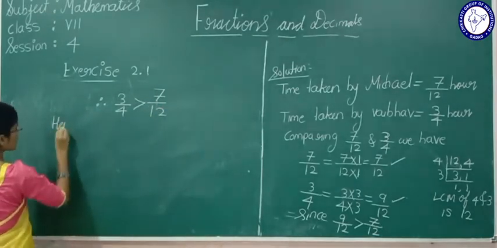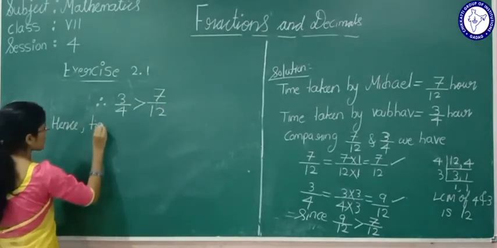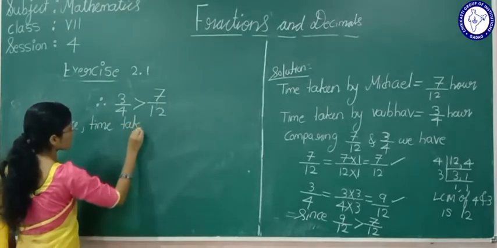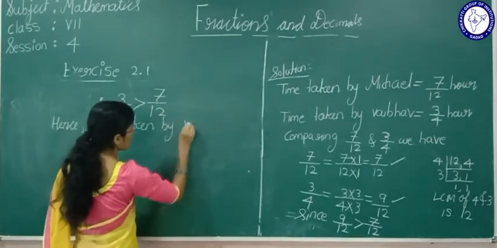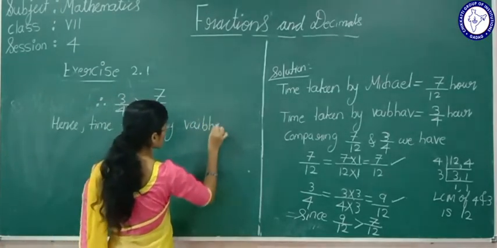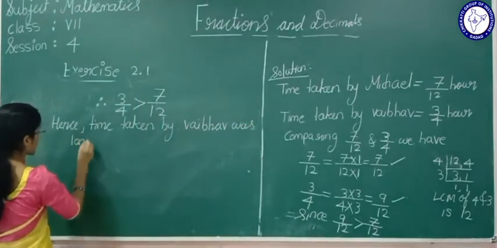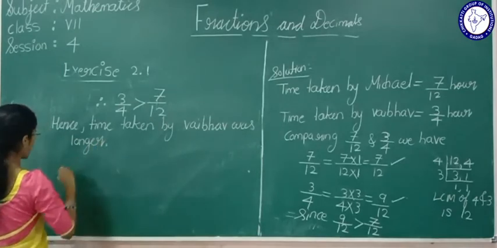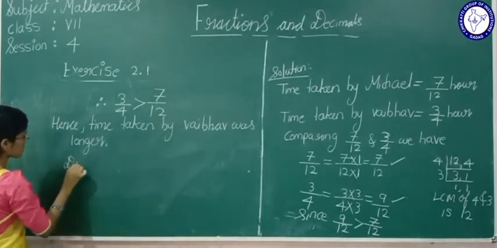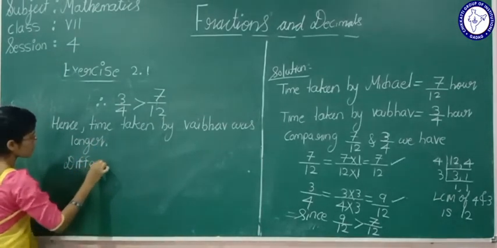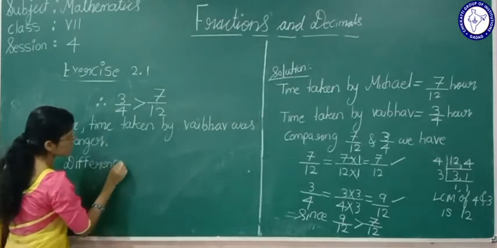Hence, time taken by Vaibhav was longer. Again they are asked by how much. We will take the difference. By how much they have asked, no? We will take the difference.